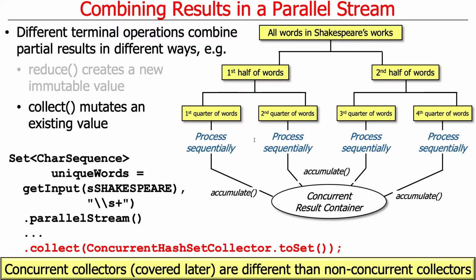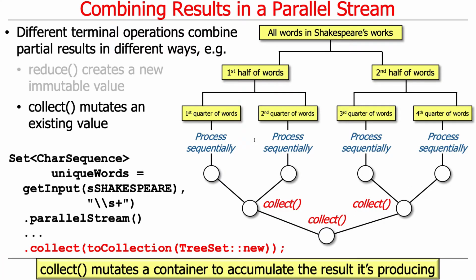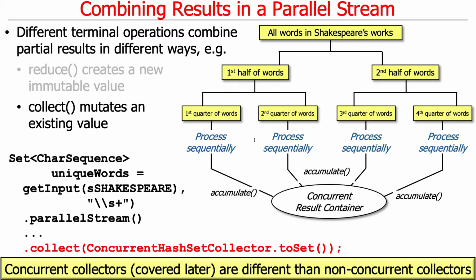They are different because what happens there is that rather than merging things together into these intermediate sets, with tree set A here and tree set B here, and then you merge those into tree set C, and keep in mind that in a real situation you have lots more layers, instead you have a single result container, a single set, which is a concurrent set, which means that different threads can be adding stuff into it at the same time without having to worry about corruption and race conditions and so on.